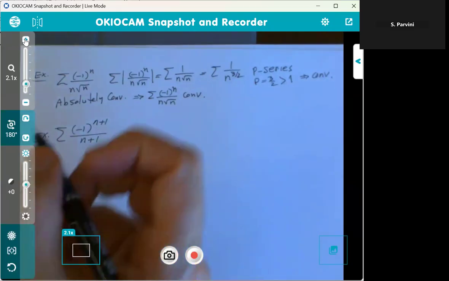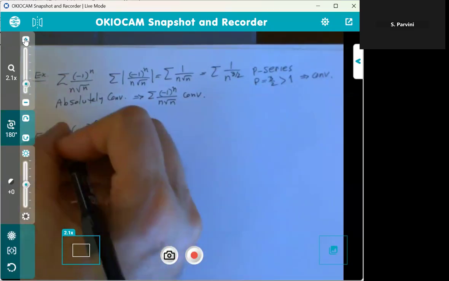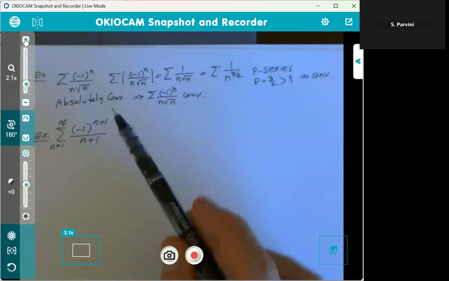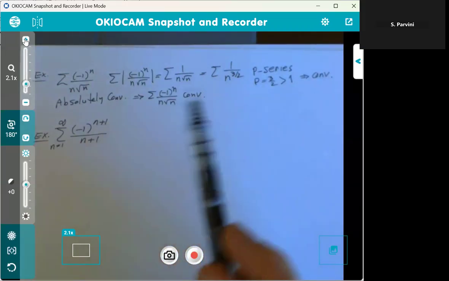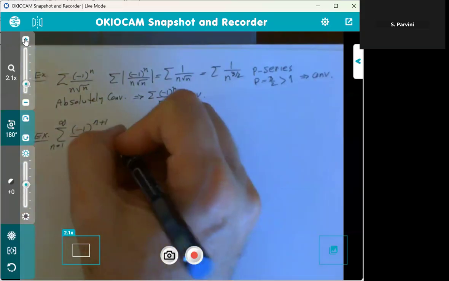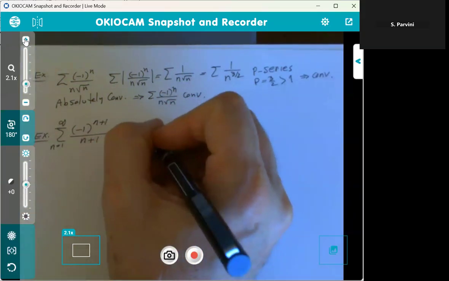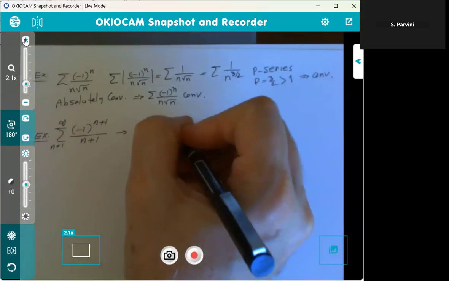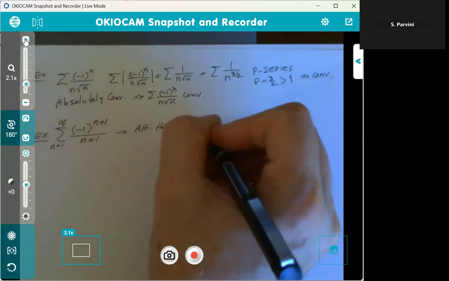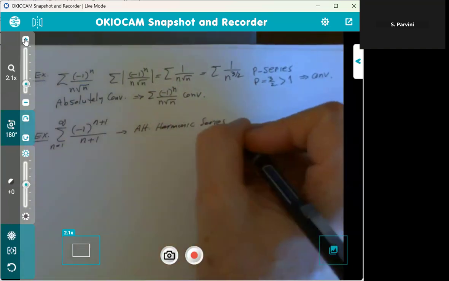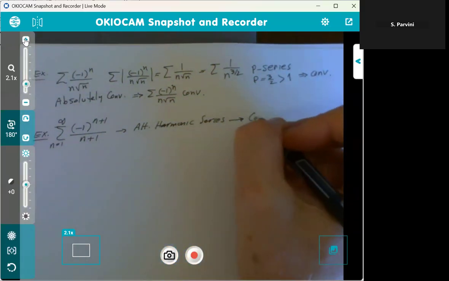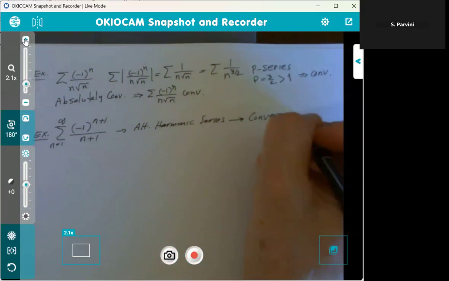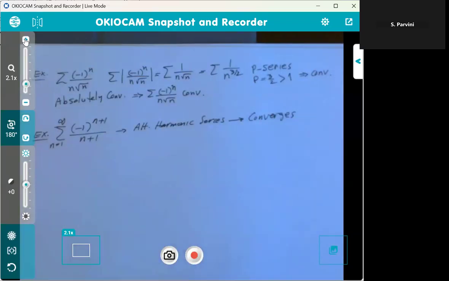It just changes the starting point, right? Instead of starting at 1, it starts at 1/2, but it alternates nonetheless. So this is an alternating harmonic series. And because we established the convergence of that, this converges. Okay, so the series converges on its own.